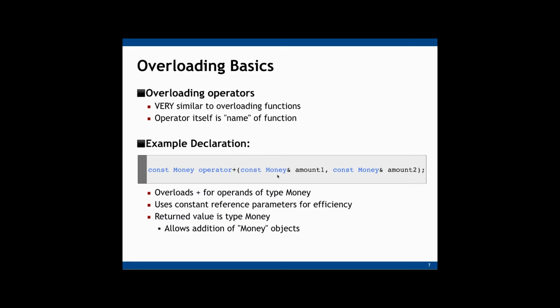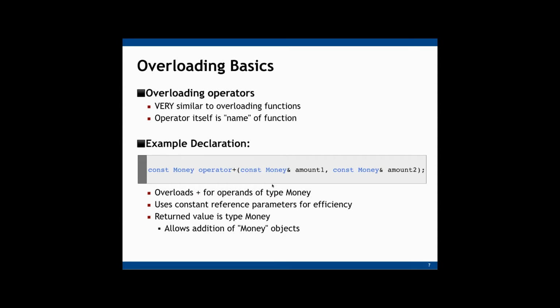The difference between overloading the plus operator and ordinary functions is this one. You specify the operator keyword followed by the operator symbol, plus here. You can place any other operators such as minus, divisions, and multiplications. In this example, we are overloading the plus operator, so we put the plus sign here.